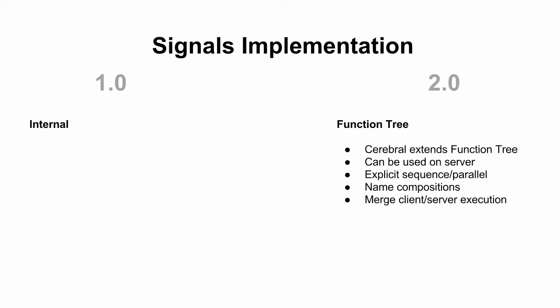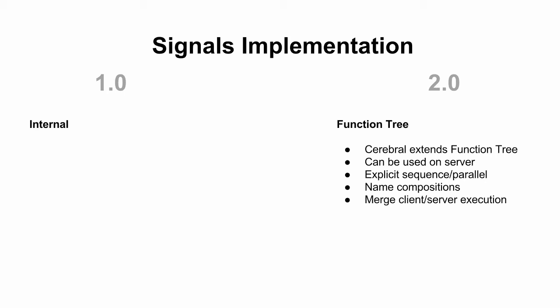And then we have the signals implementation. Like in Cerebral 1, that was the big experiment, and it was an internal implementation. But what we saw after the release of Cerebral 1 is that we can move this signals implementation into its own thing.